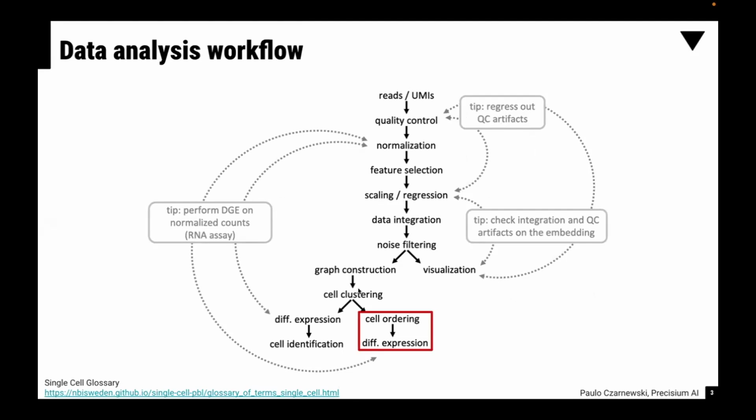And from that, you'll do cell clustering, and you have probably just finished doing differential expression analysis and then identification of the cell types. But one thing that you can do in addition to that, and that's where trajectory comes in, is ordering your cells based on some developmental time, and then doing differential expression on that cell ordering. And that's basically what we are covering now in this lecture.